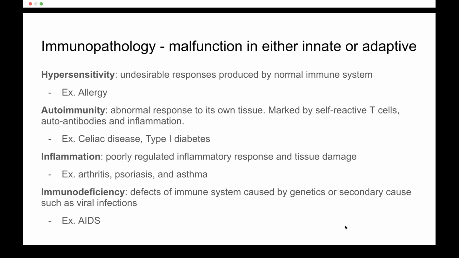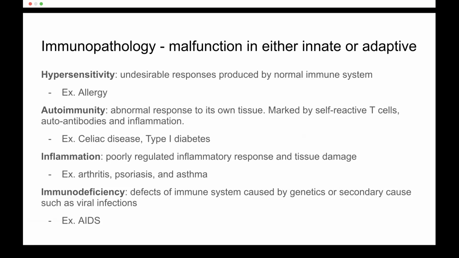And then autoimmunity is a not normal response. So our immune system will attack our own cells or our own tissues. So it's often marked by self-reactive T cells, autoantibodies, and inflammation.